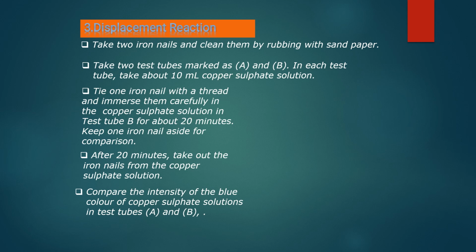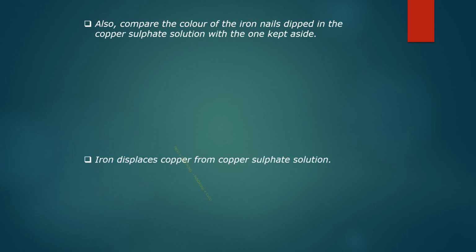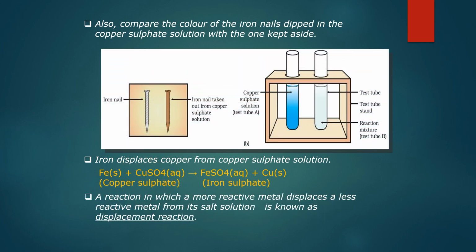After 20 minutes, take out iron nail from copper sulfate solution. Compare the intensity of blue color of copper sulfate solution in test tube A. Just have a look at what happens in the test tube.